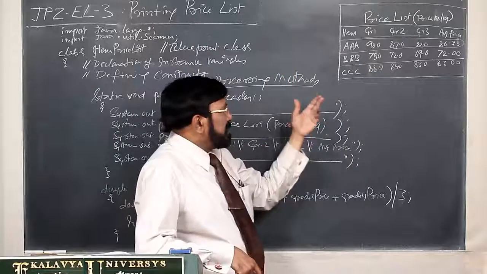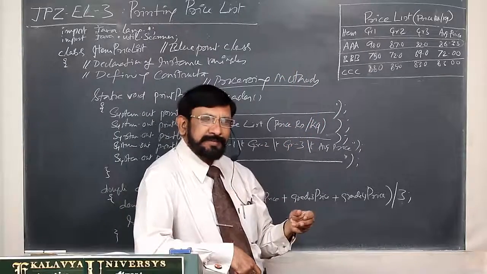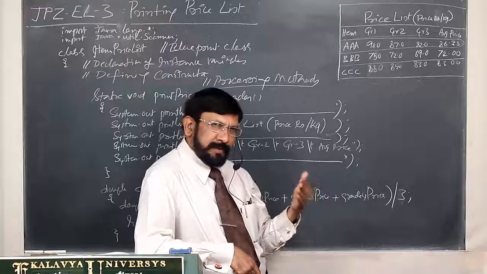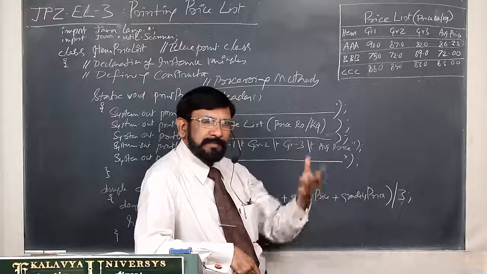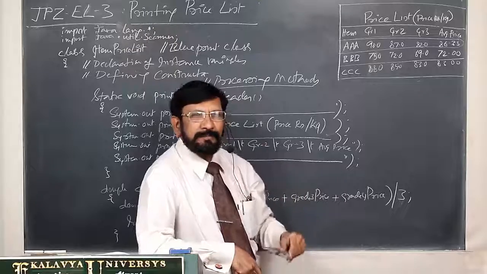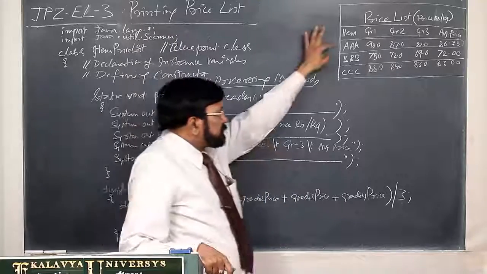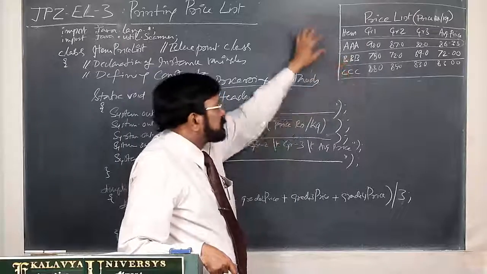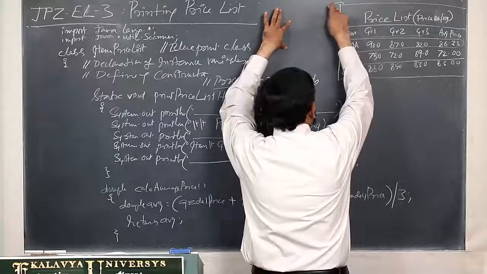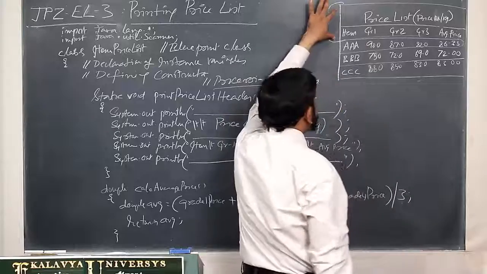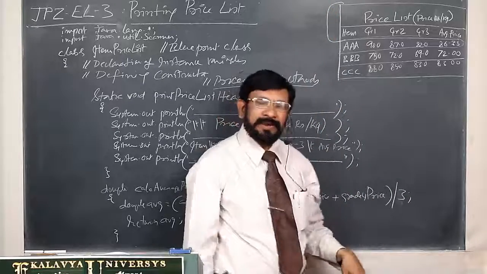This client asked you for a 3-item price list. Some other client may ask for 1, some other client may ask for 5, another client may ask for 10. Irrespective of the number of items, this part is constant. For everything, you must put this part. Am I right or not?